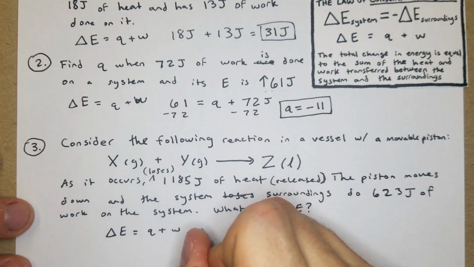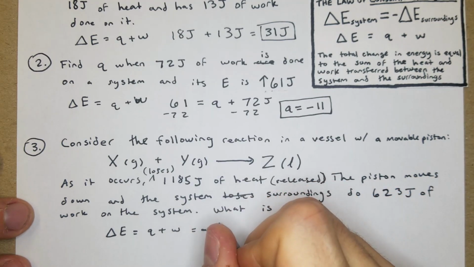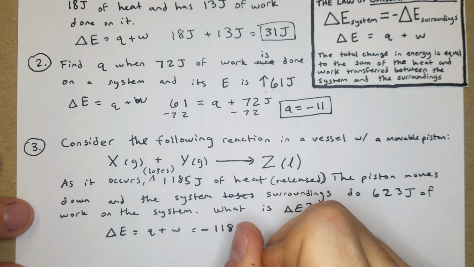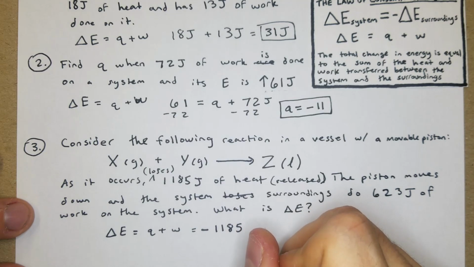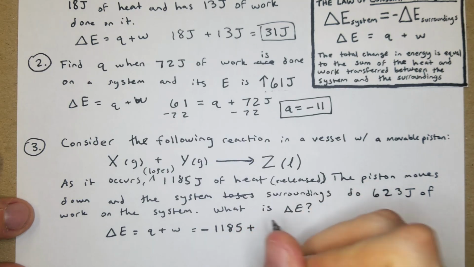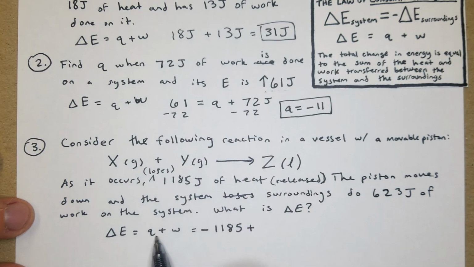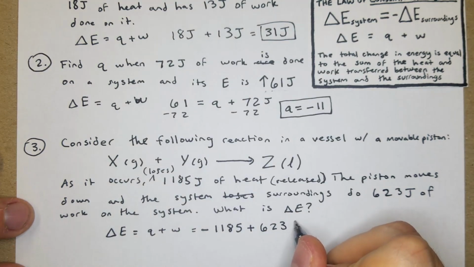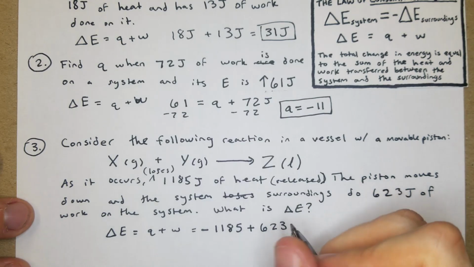So we're going to have negative 1,185, plus, because it's heat plus work, 623, and these are both joules.